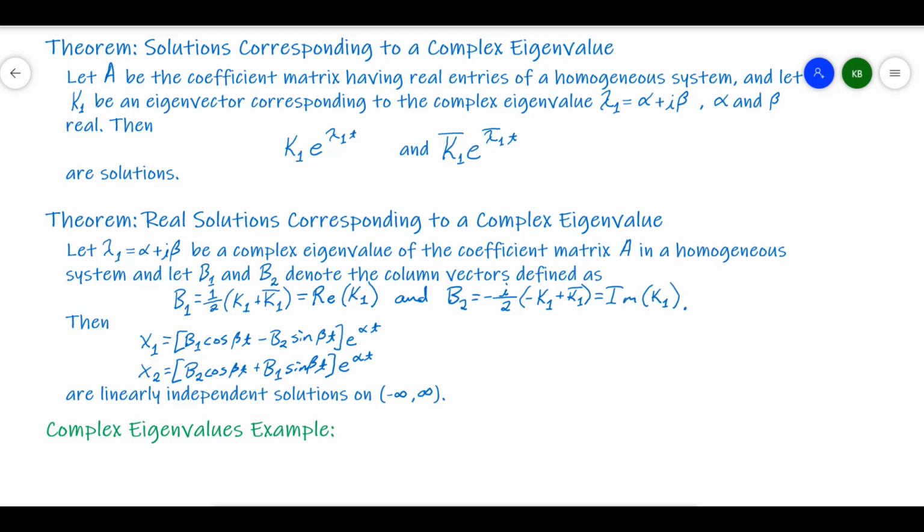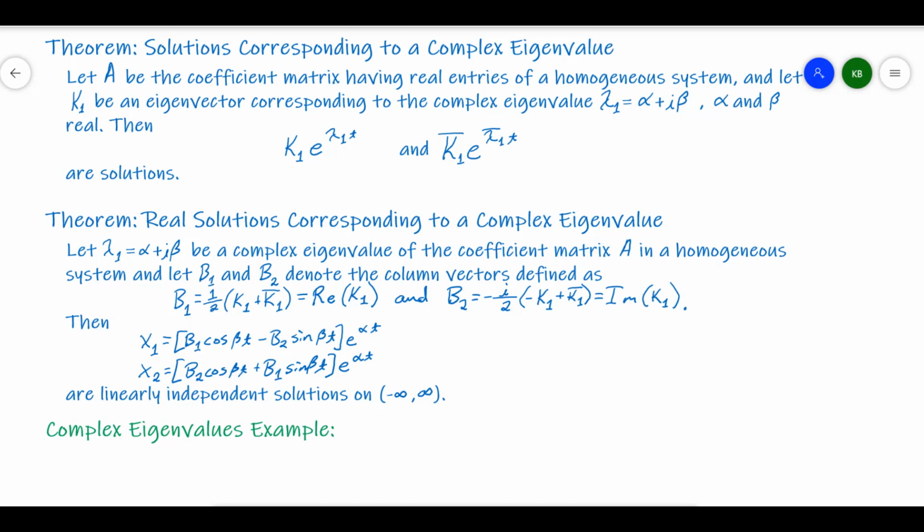So basically we've got lambda 1 equals some complex number with a real part and an imaginary part. Either one of them can be 0, but not both. Then we know that k1 e to the lambda 1 t, and the conjugate of k1 e to the conjugate of our eigenvalue times t are solutions.